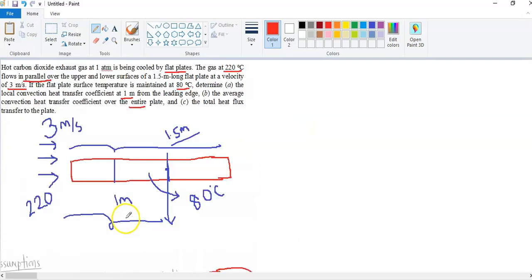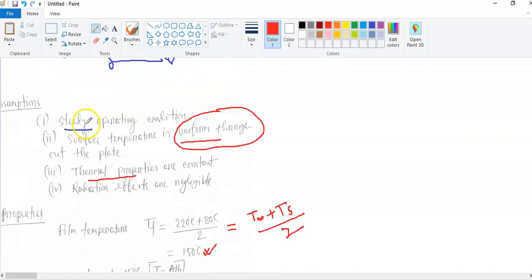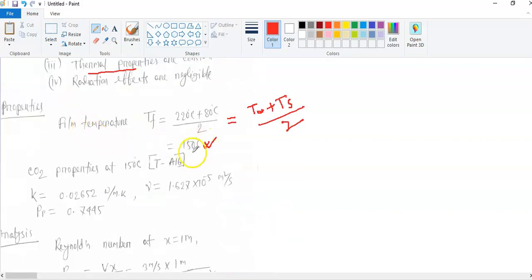You will see guys here, the gas is carbon dioxide. So at 150 degrees centigrade temperature, the properties of carbon dioxide, this is from your book, table A16.